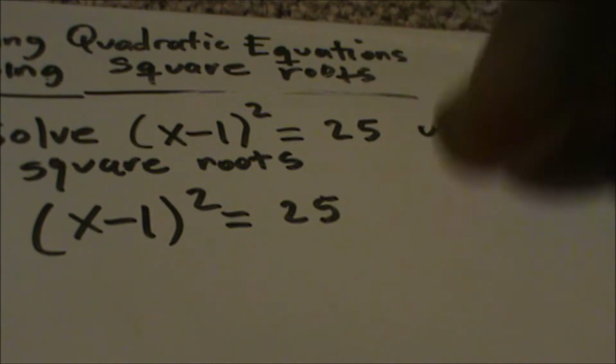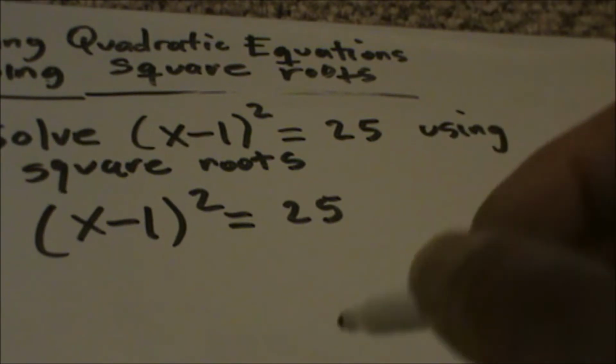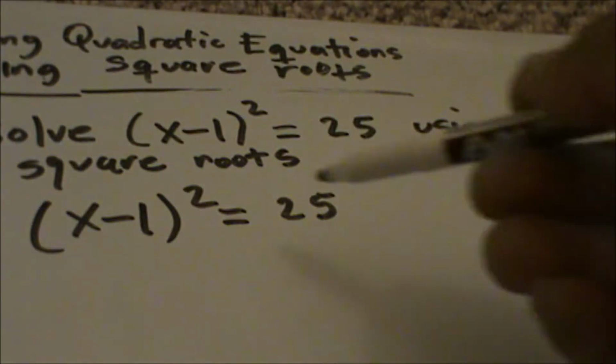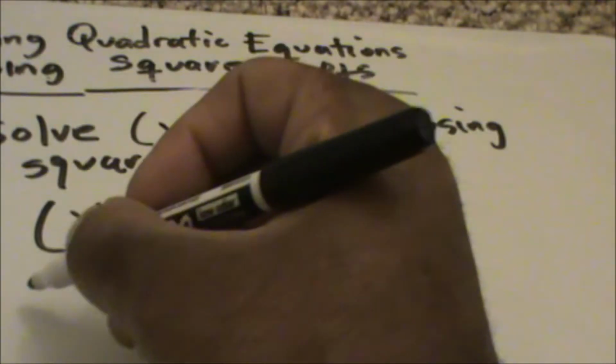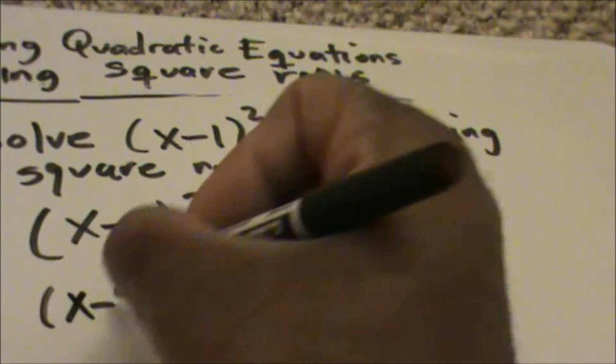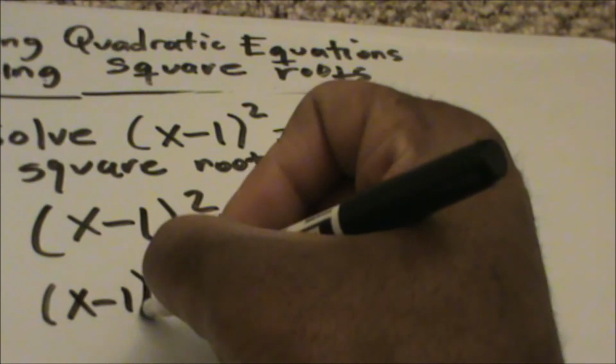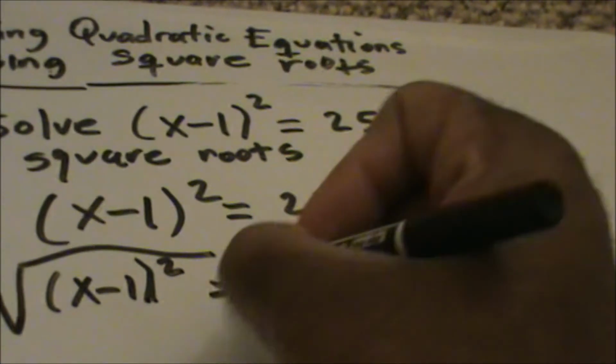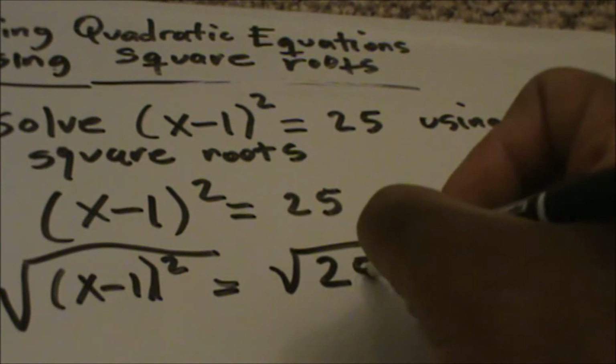So x minus 1 squared. Anytime you have a square, take the square root on both sides of the equation. Make sure when you do that, x minus 1 squared, take the square root on both sides, equals the square root of 25.